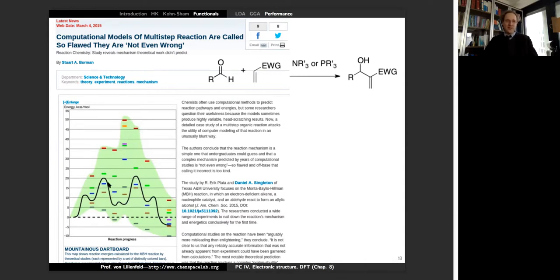You see this here in black. And then, using various density functionals, each one represented by a color, they calculated the energies along this path. And you see that depending on the functional, you can get whatever you wish. Okay, and so it was very frustrating that these calculations are not so meaningful.